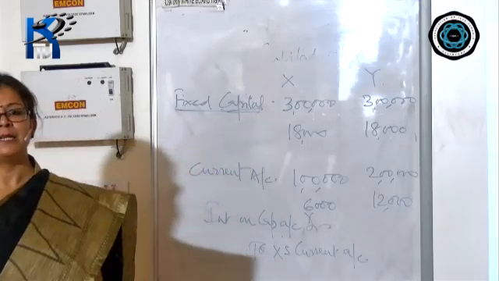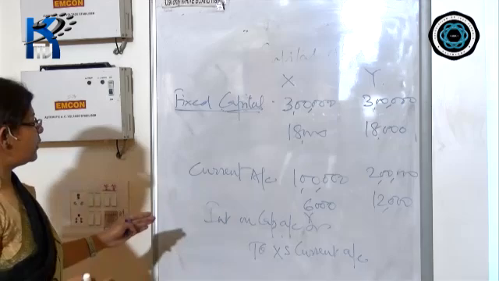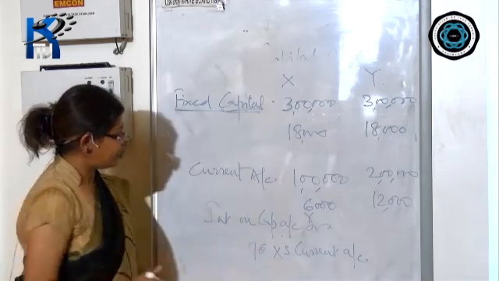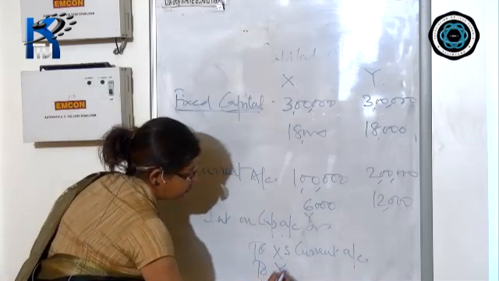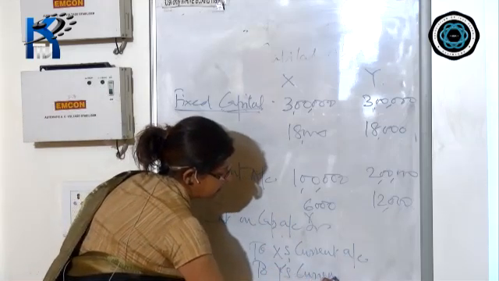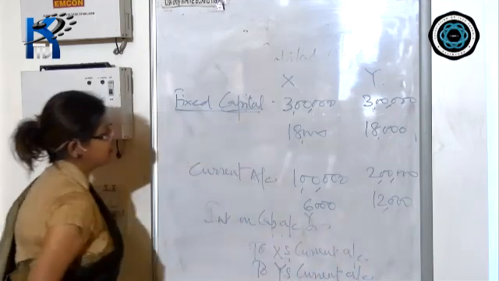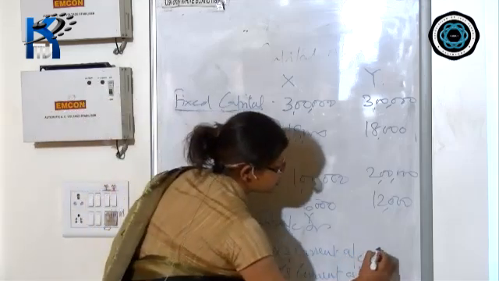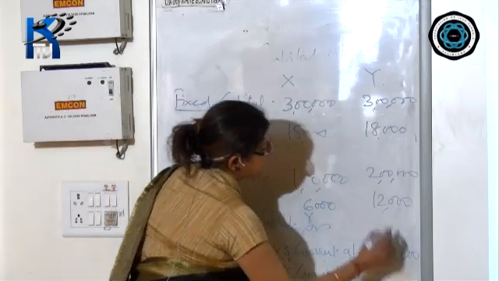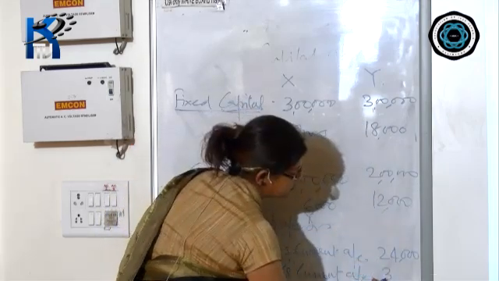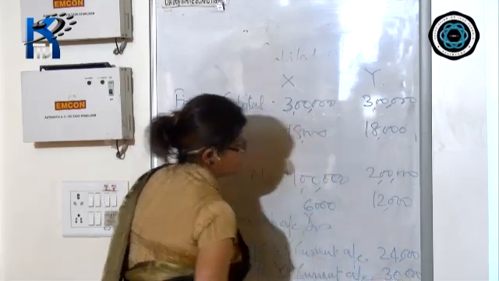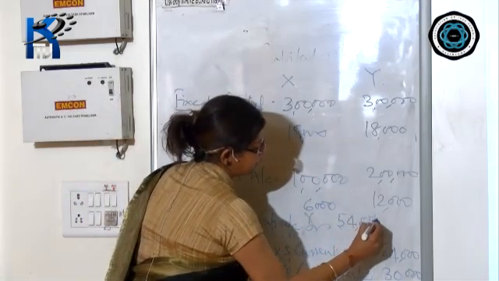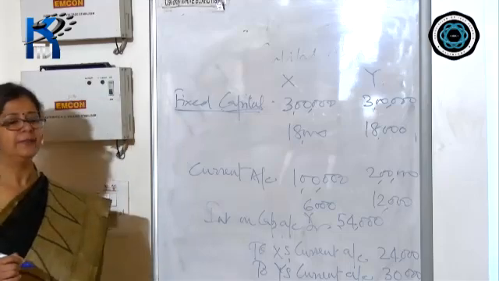Whatever changes have to be done, whatever increase, decrease, they go in the current account. So interest on capital account debit to X's current account and to Y's current account. And what is the balance of interest that they are getting? X is getting an interest of 24,000 and Y is getting an interest of 30,000. So overall the interest which is provided by the firm to the partners is 54,000.